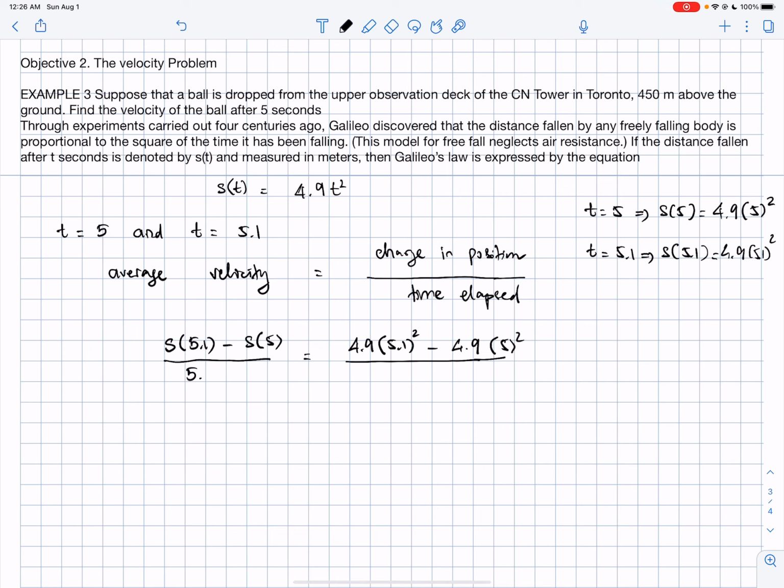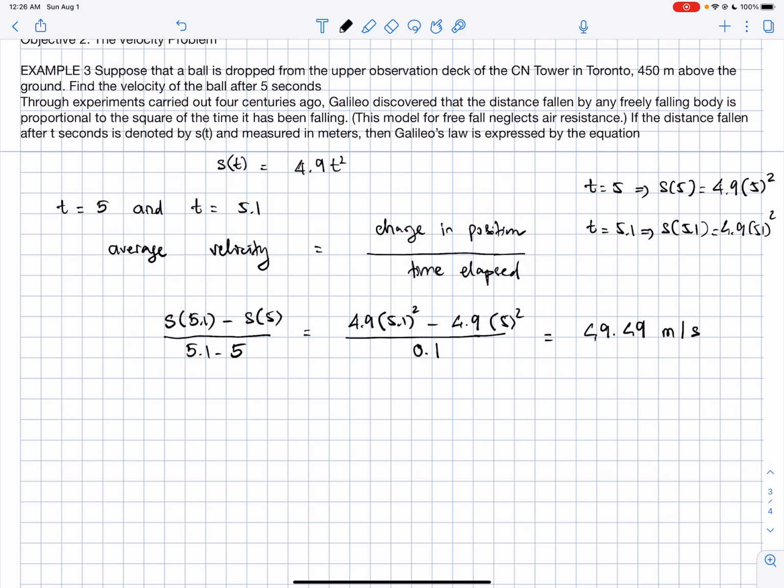From 5 to 5.1, the difference in time will be 0.1. When we calculate this, we will get 49.49 meters per second.